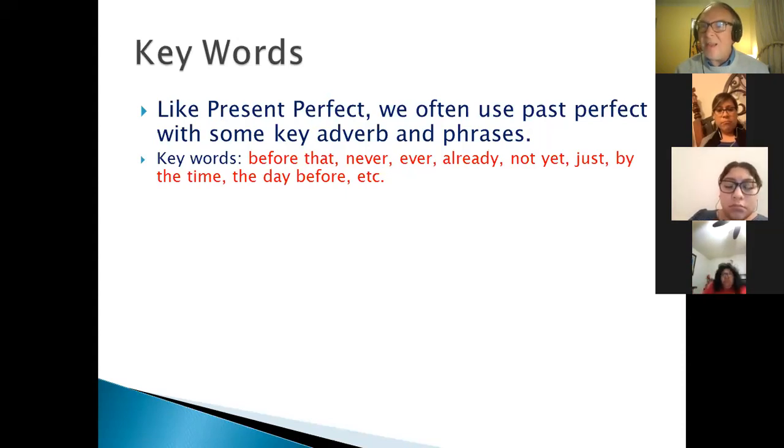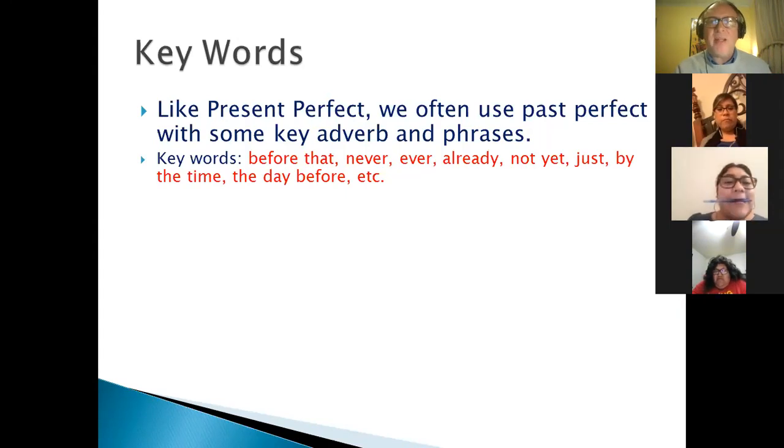Very similar. So what's the difference? The difference is the time, right? Present perfect is hasta ahora, until now. Past perfect, hasta ayer, or hasta 1992, or hasta I got married. It's before or until something in the past.